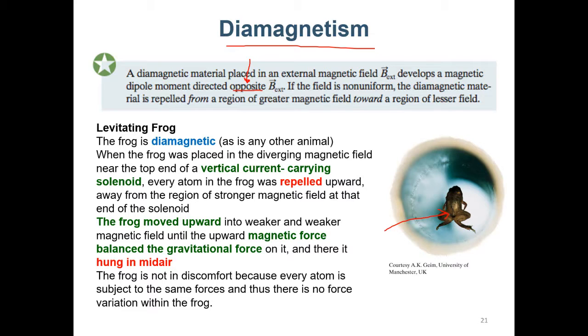Then it will be floating, and the frog is not in discomfort because every atom is subject to the same forces, which means there is no force dragging the frog, so it's not painful, and it is floating. So this is diamagnetism.